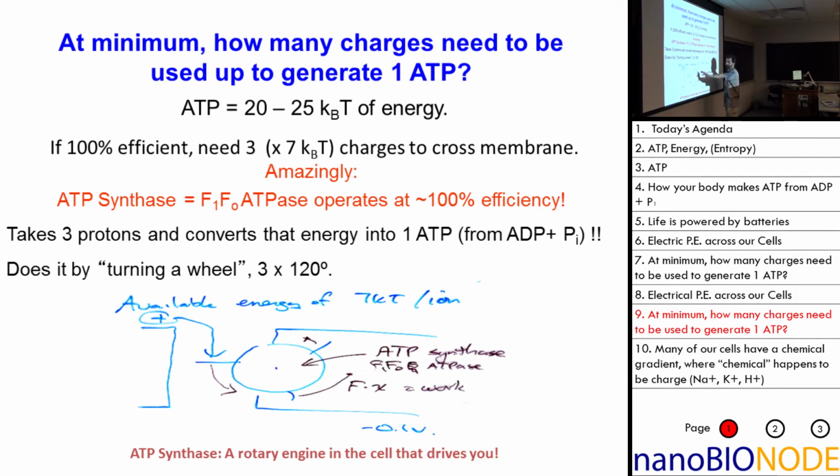So essentially you have a wheel with 3 prongs. The energy of a plus charge goes here, it rotates the paddle 1/3 of the way, and then another one 2/3, then another one all the way, and every time it does a full rotation, you get from ADP plus phosphate an ATP out.